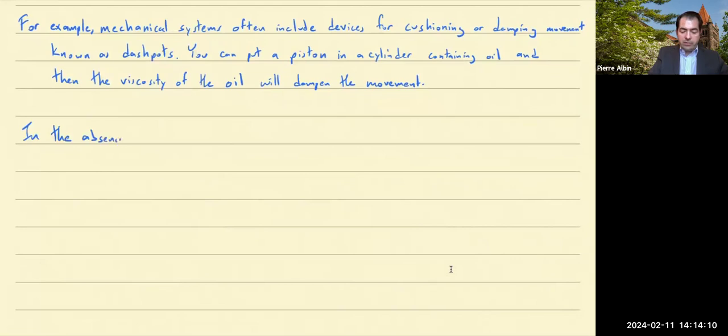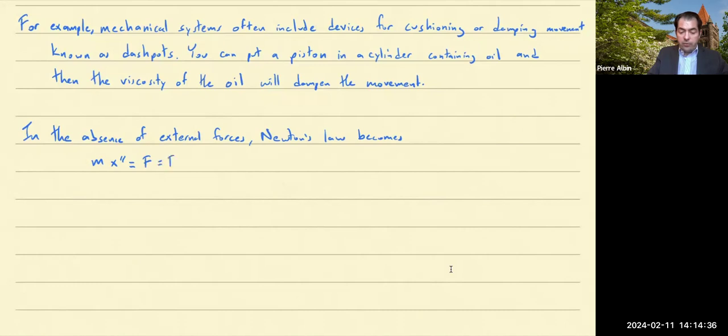In the absence of external forces, Newton's law becomes m times x double prime is equal to the force, right? Force equals mass times acceleration.